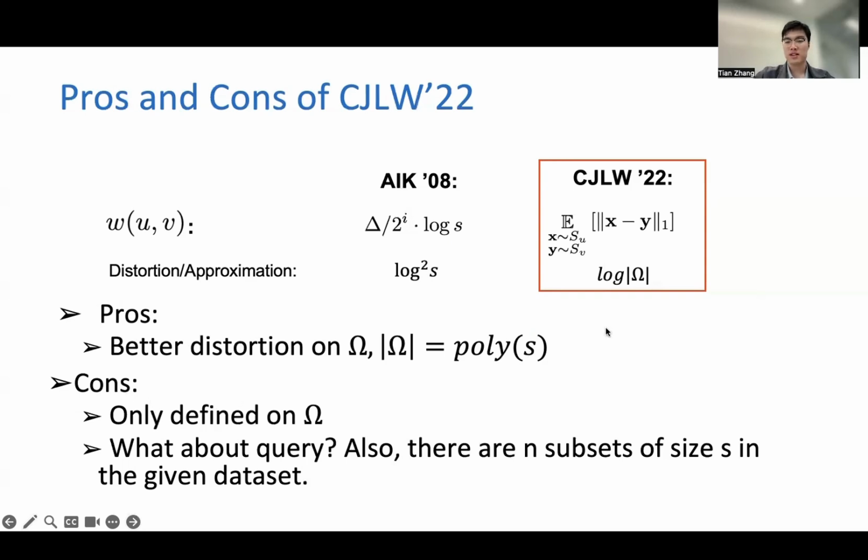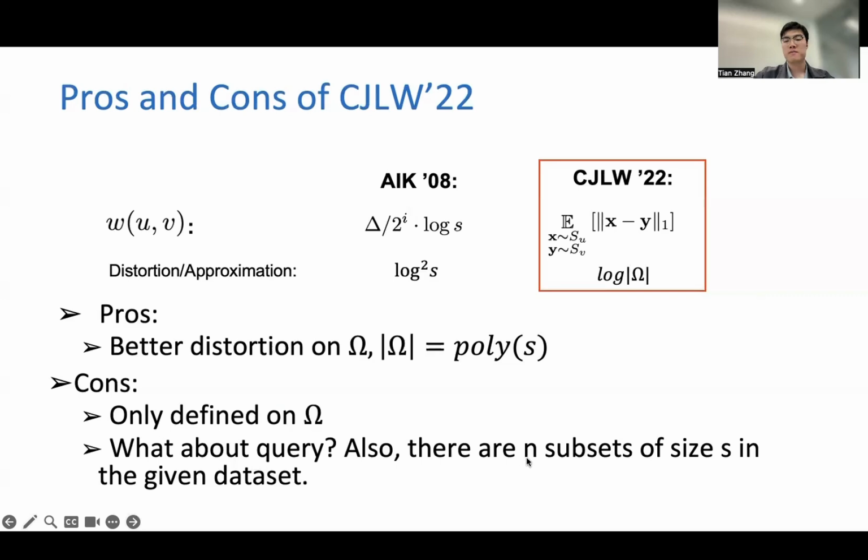So the tree embedding is only defined on a specific data set. So in the pre-processing time, we don't see the queries. So the queries might not be well defined.